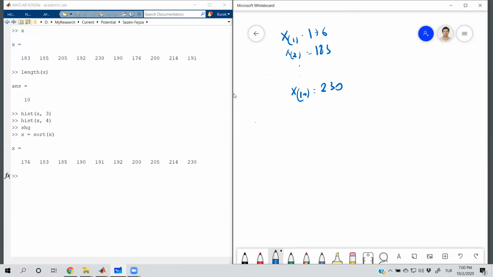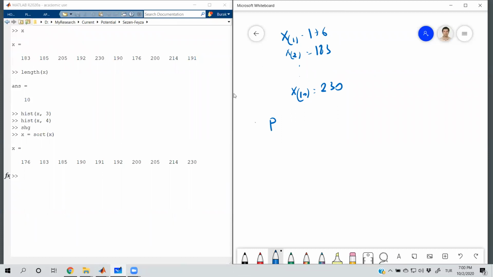The next thing that we do is determine the quantiles. Let's show the quantiles. Actually, I could have used Q here, but the problem is we have already used Q for quartiles, if you recall, Q1, Q2, Q3. So instead of using Q, I'm going to be using P, like percentile.